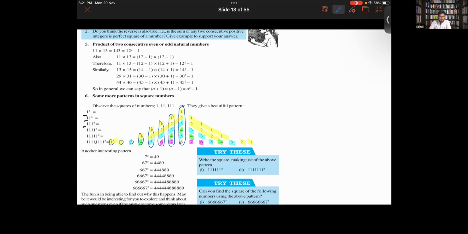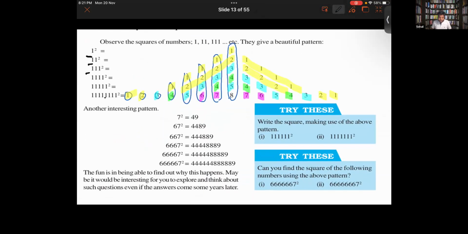Also, can we see some more patterns if we were to have some other numbers as well? If we continuously expand this, let's say, see, if I were to have one more number in the line, so what will come in place of this?